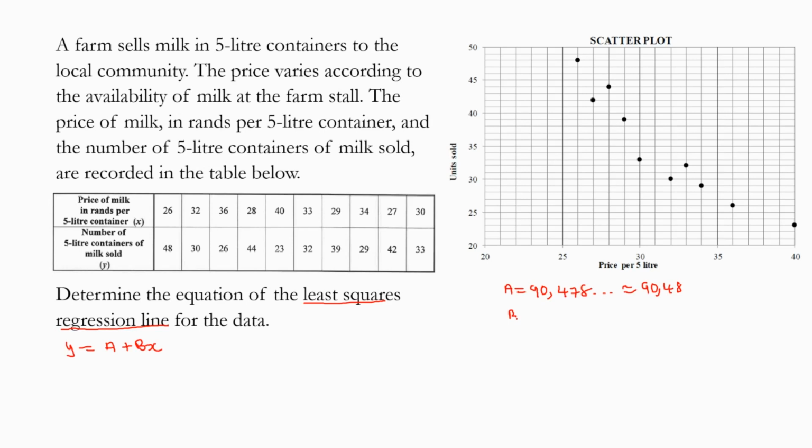For B, we found that B is equal to negative 1,773, which is approximately negative 1,77. So the equation of the regression line is y is equal to 90,48 minus 1,77x. That's the equation there.